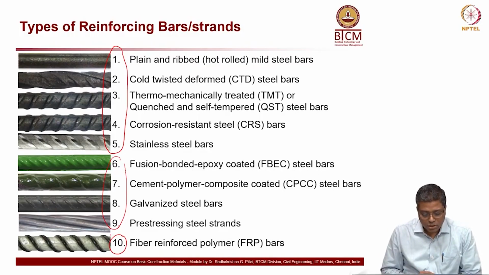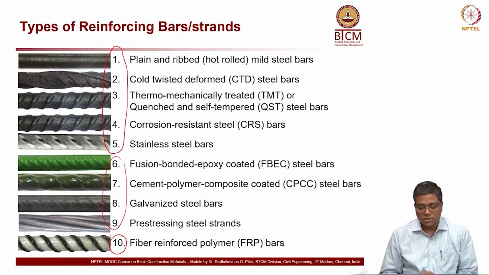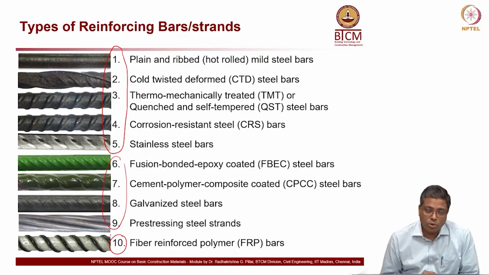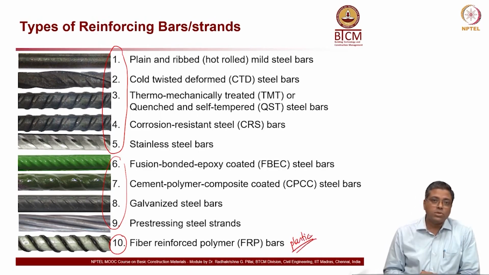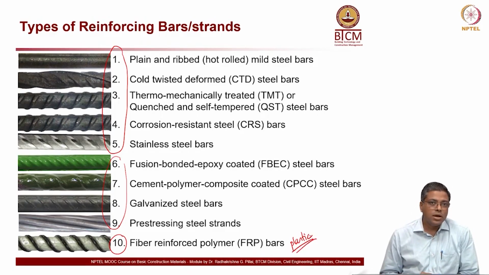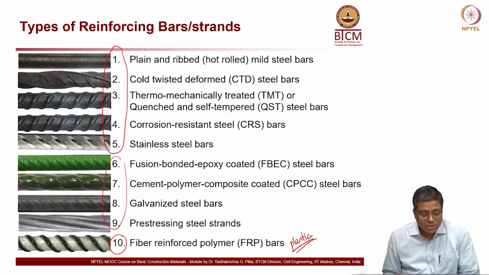I just wanted to mention that fiber or plastic rebars are also available, very lightweight, but they are still yet to capture the market because they are relatively new, and steel is well time tested and proven. We know it is going to work. So in this module we will only focus on metals, so we will not talk about the fiber reinforced polymer rebars, but we will cover the items 1 to 9 in this particular slide.